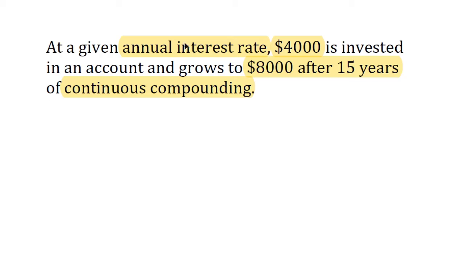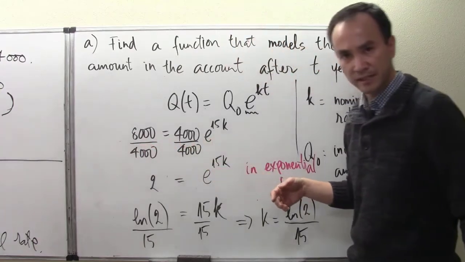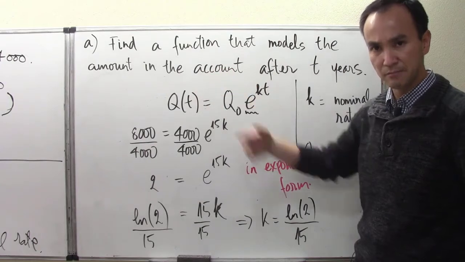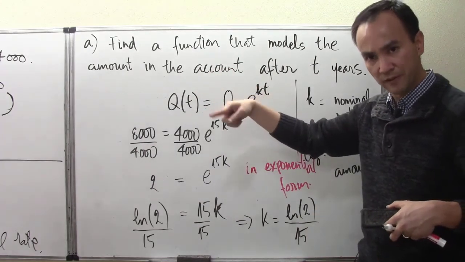We will have a way to find out the nominal rate from the other information, and eventually we will find the percentage yield, or the effective rate. So we're done with part A of the example. We found a function written in base e, and the nominal rate found to be natural log of 2 over 15.